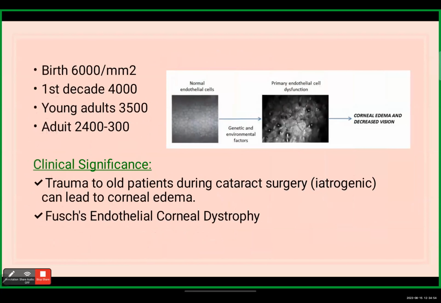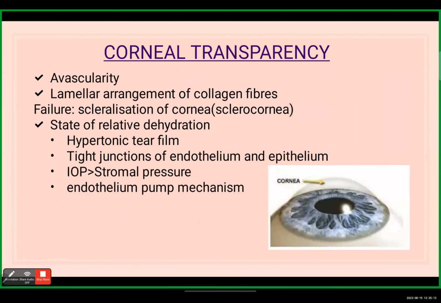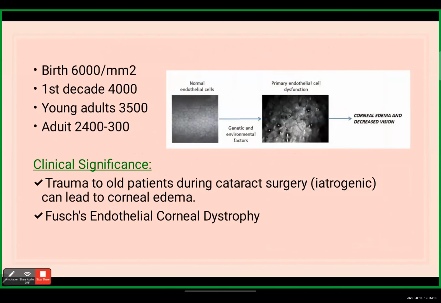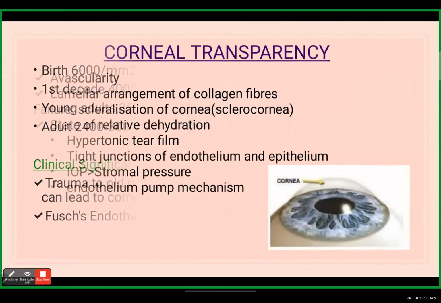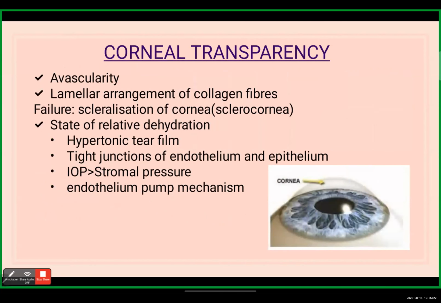Generally, the endothelial cell count decreases throughout life, thus any trauma during cataract surgery, which generally occurs in old patients, can lead to corneal edema. Also, Fuchs endothelial corneal dystrophy is a genetic dystrophy due to damage to the endothelium.